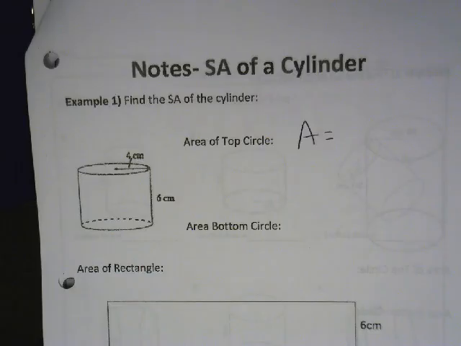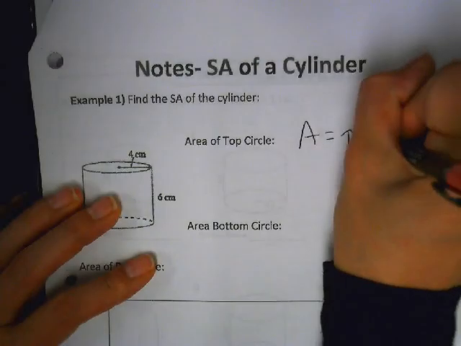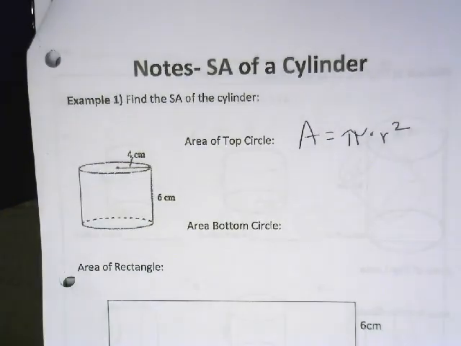What is it? No, that would be a triangle. Oh, yeah. Oh, diameter. How do I find the area of a circle? Radius squared times pi. Yes, radius squared times pi. So, let's write that down. Pi times radius squared.